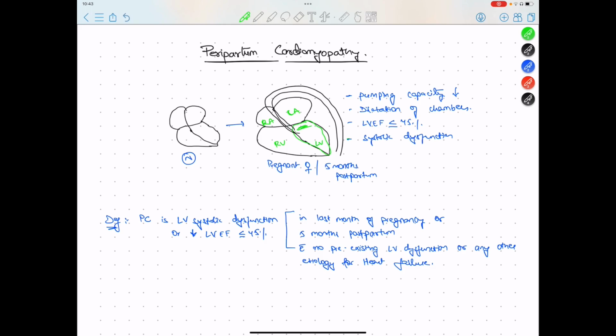Blood remains within the LV, which increases the pressure in the left ventricle. This is transmitted into the left atrium, so the left atrial pressure also increases. That results in increased pressure in the pulmonary veins and pulmonary capillaries, resulting in pulmonary edema. So this is how the patient presents with heart failure.